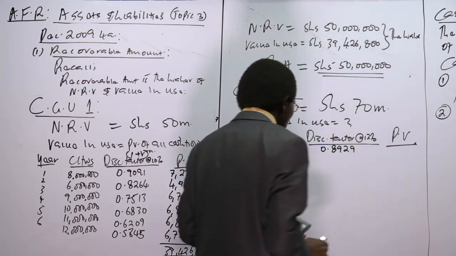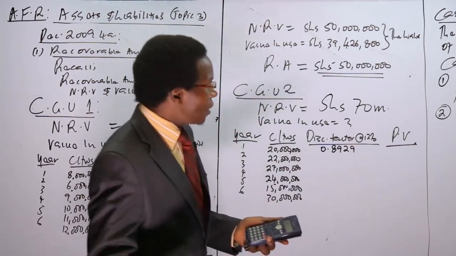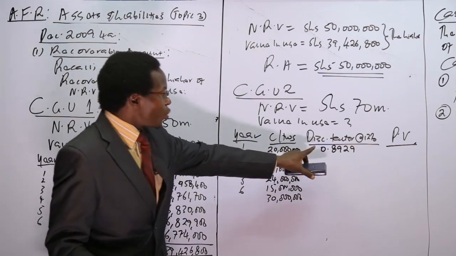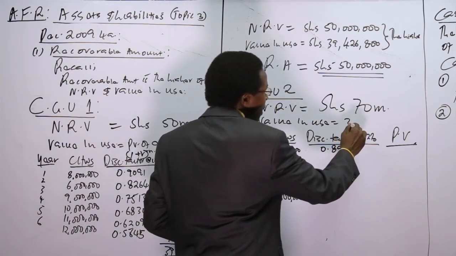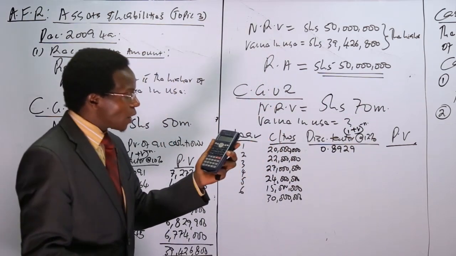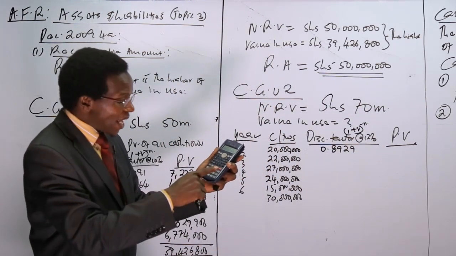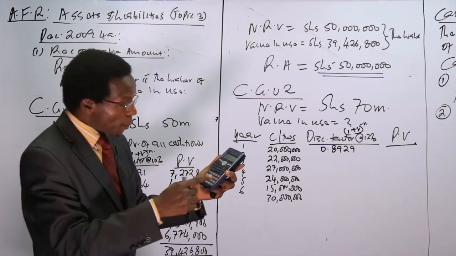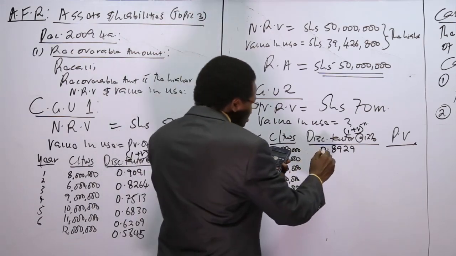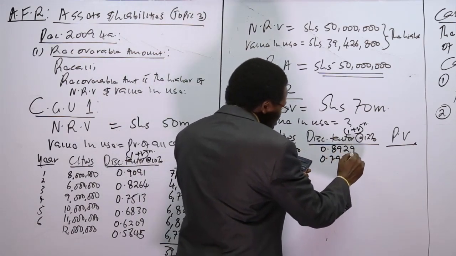0.8929. The best way to calculate this with your calculator is that for the first one you take 1 plus r raised to n, which is 1. The second year, you just divide by 1 plus r, 1.12, and you get 0.7972.